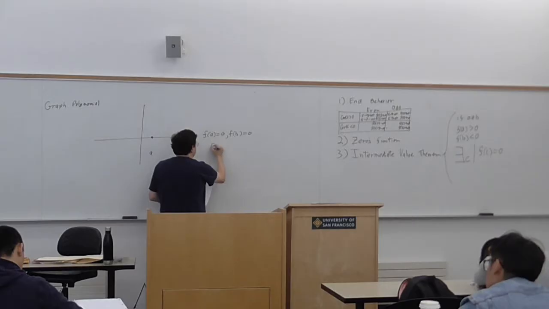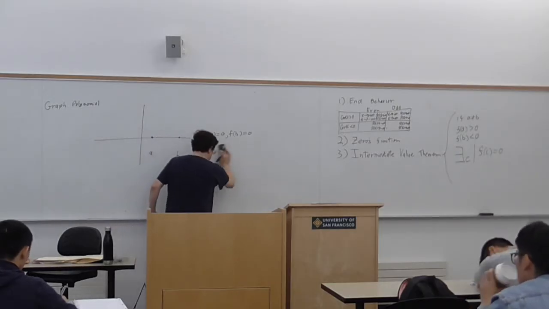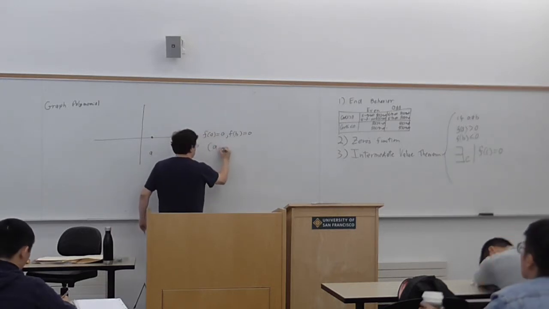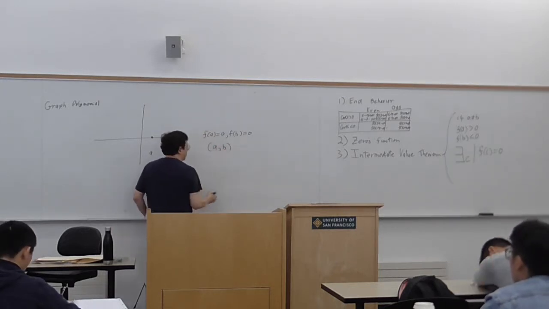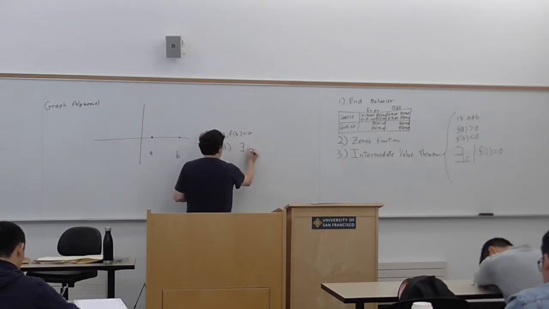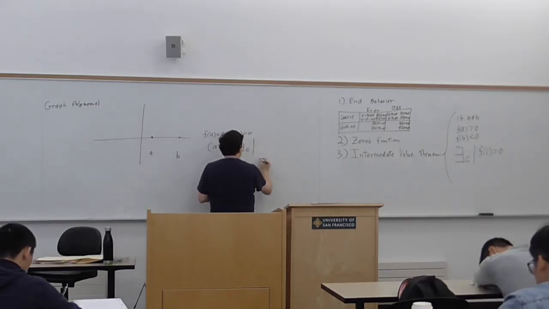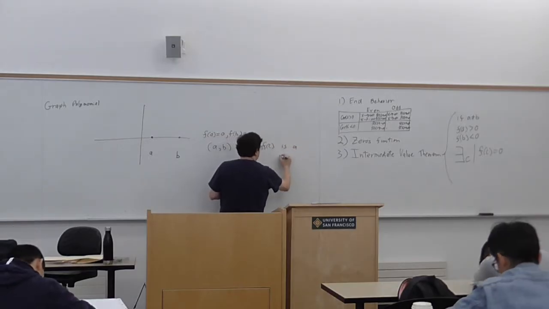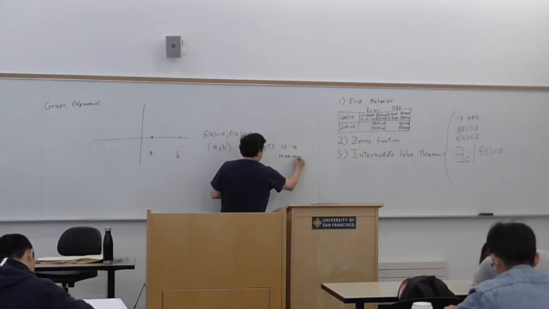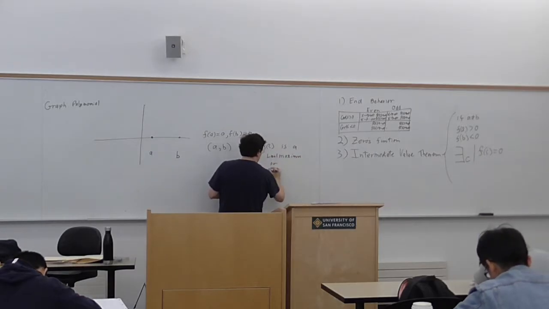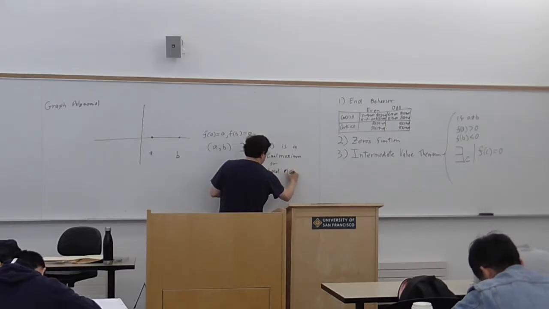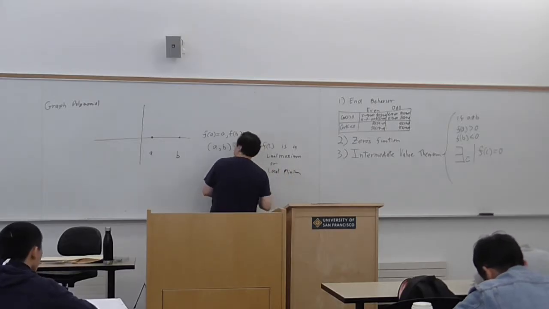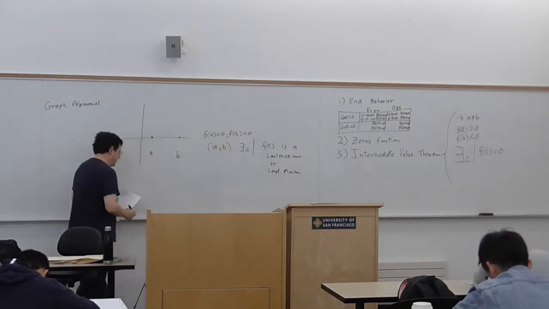Then it says that on this interval, A to B, actually, to be more accurate, the open interval A to B, not including A and B, there exists a C such that f of C is a maximum or local maximum or a local minimum. Well, let's think about that.